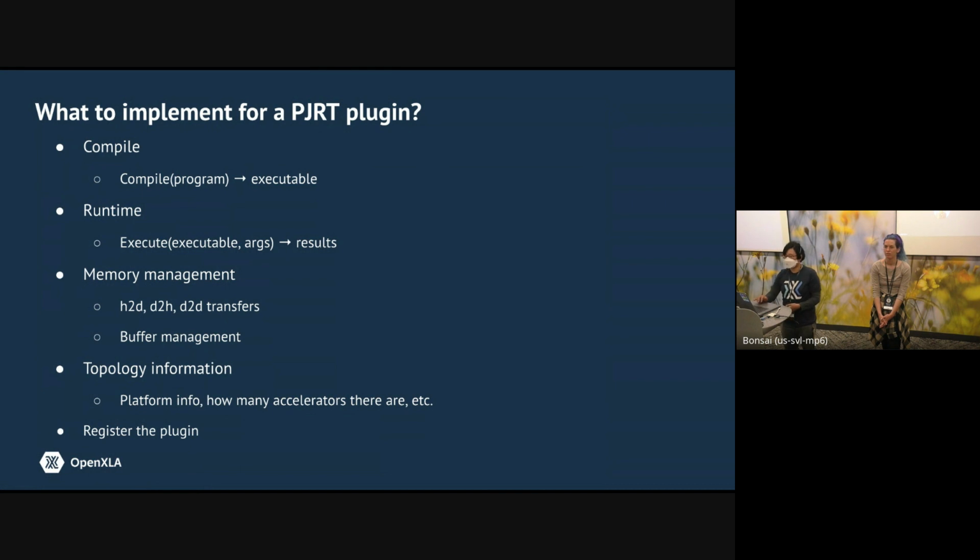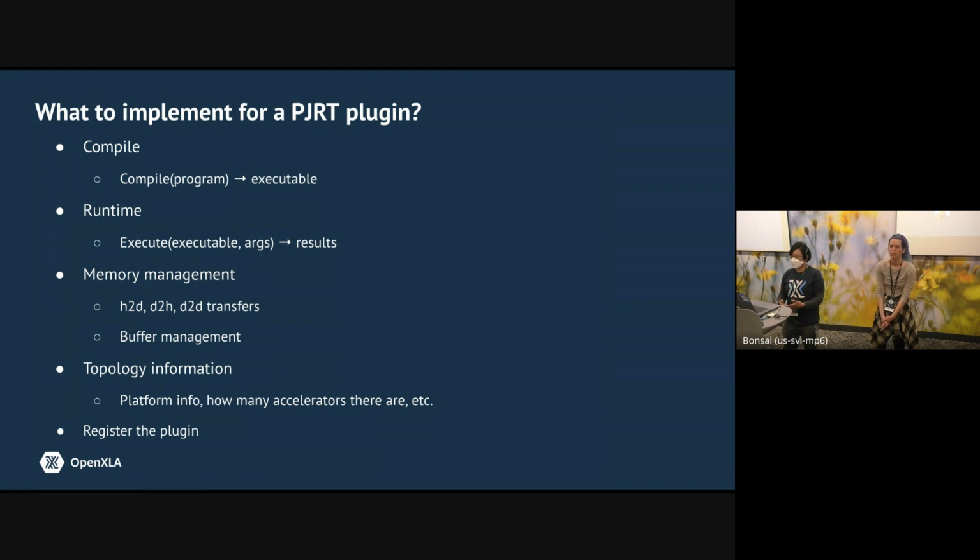And then, what do we need to implement for a PJRT plugin? The first one is compiling from a program to an executable. The second one is executing this executable with input arguments and generating the results. The third category is memory management, such as host to device, device to host, and device to device transfers, and also any buffer management that you want to do for your hardware.